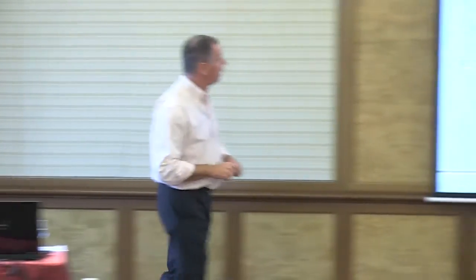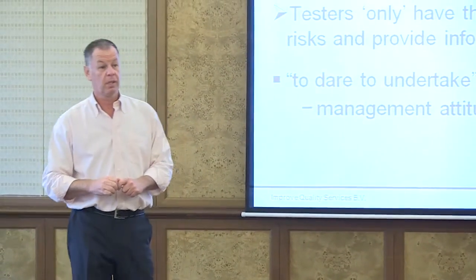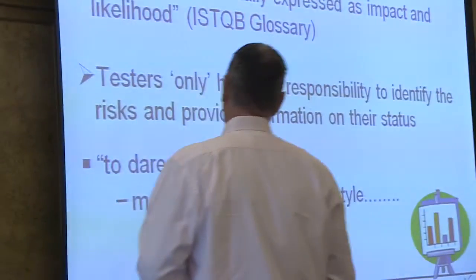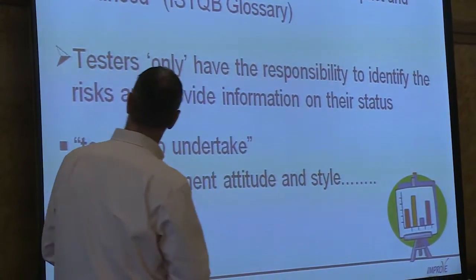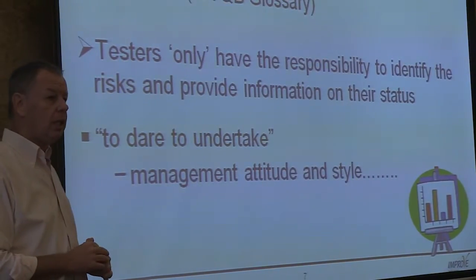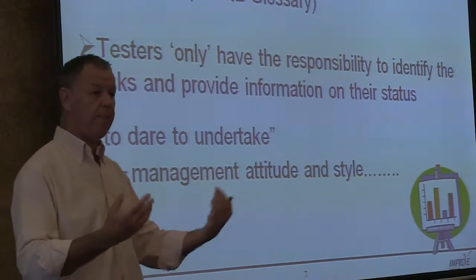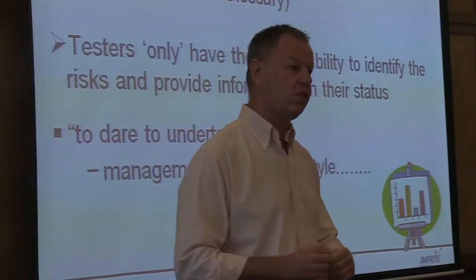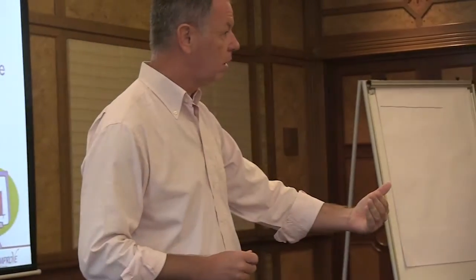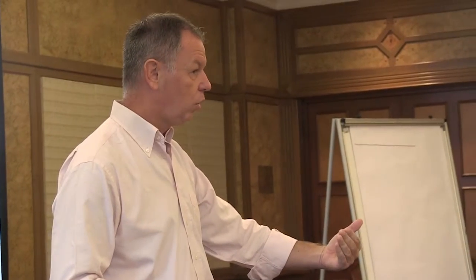So, in discussing risk-based testing, at least one slide on what's a risk. The definition is from ICB: a factor that could result in a future negative consequence, expressed as impact and likelihood. I would say in plain English, what it means is, if something happens, you are less happy.